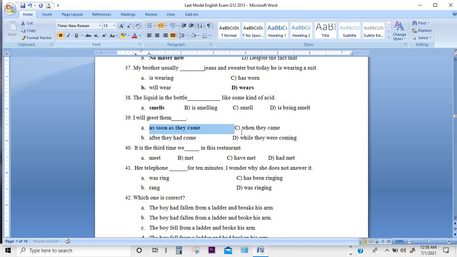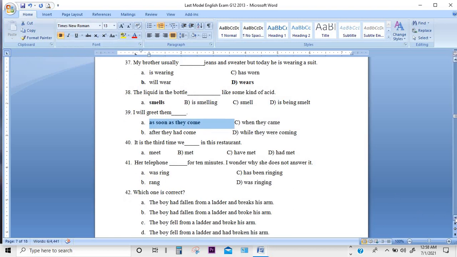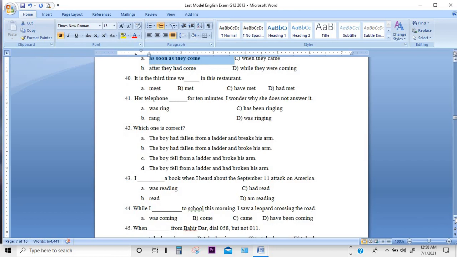Okay. Question number 14. It is the third time we dash in this restaurant. I think we have done this question so far, and I told you that the answer is perfect tense, have made, because it says it is the third time the action happened.